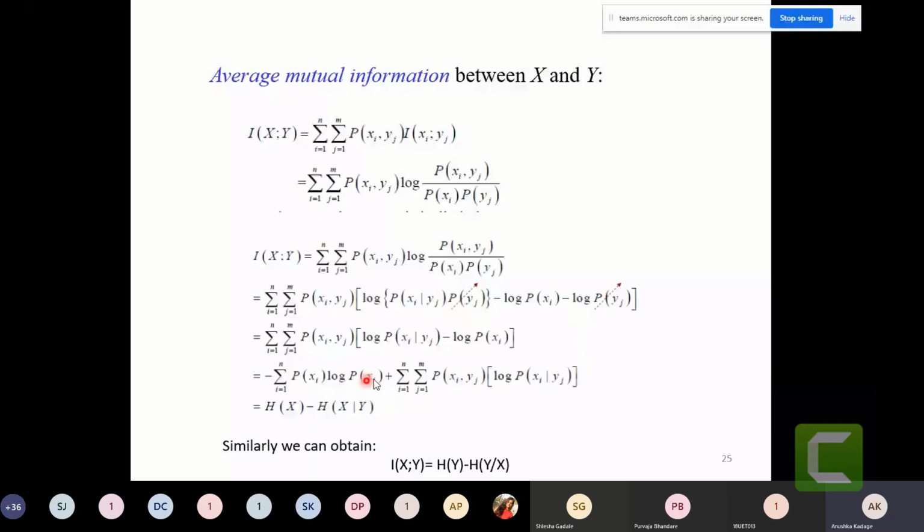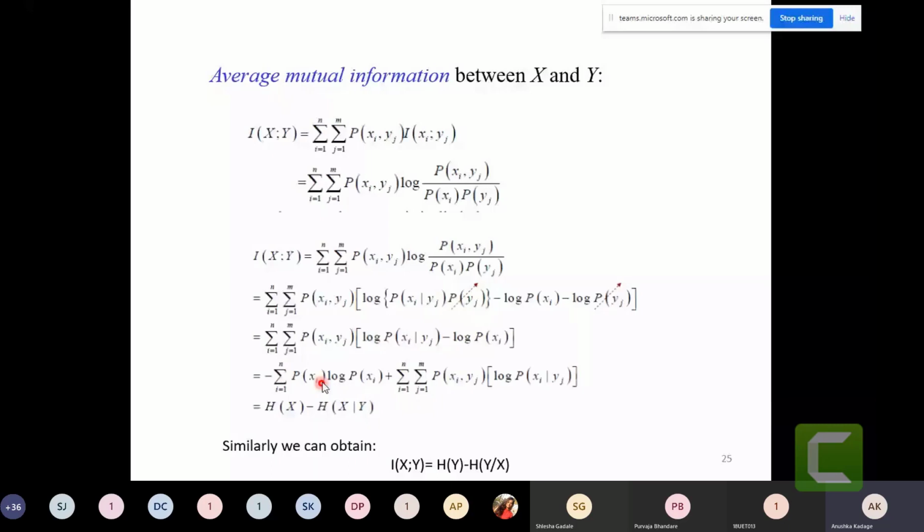And here for this log of P of xi, we are having that association. So we are taking this out, and that will be with only one probability associated with it. So its index should be varied for i only, as X is associated with i, and this whole summation will give me the H(X) value.